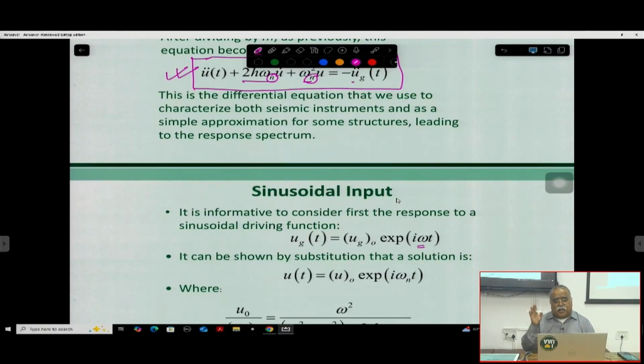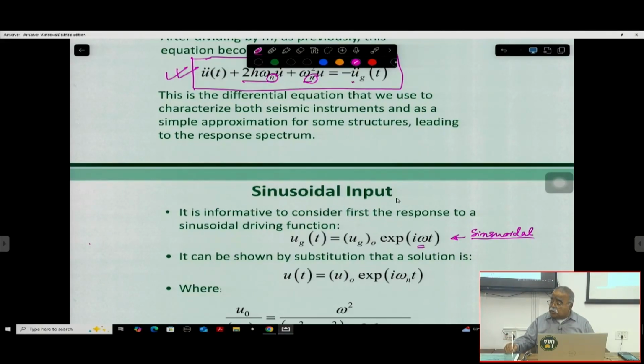Omega n is for the building, omega is for the ground motion, right? This also has a sinusoidal motion. For the time being, let us assume that this earthquake is also a sinusoidal wave. So ug, the ground displacement, equals ug0 times exponential i omega t.